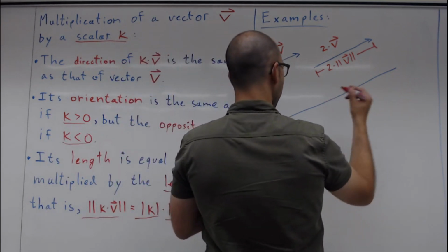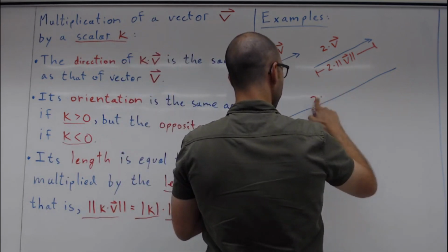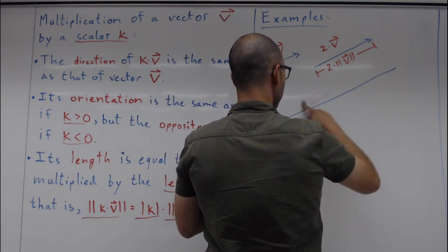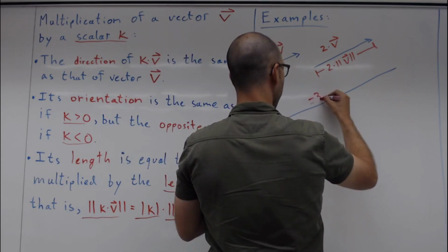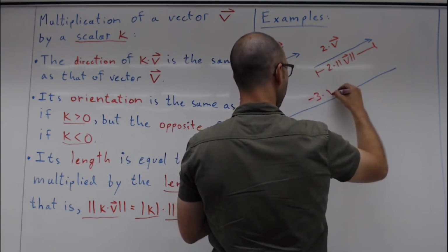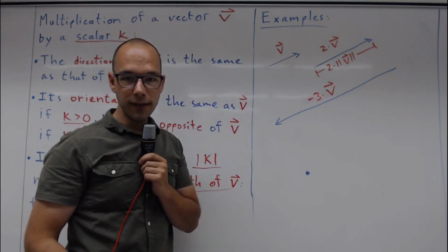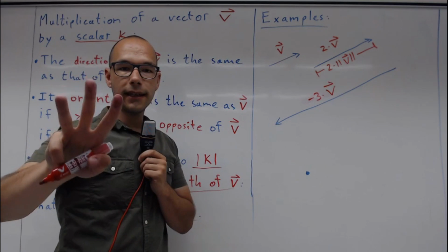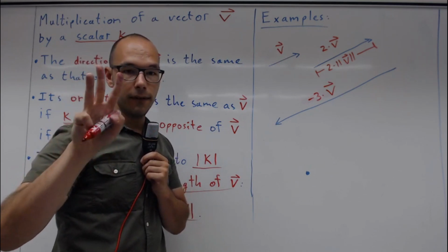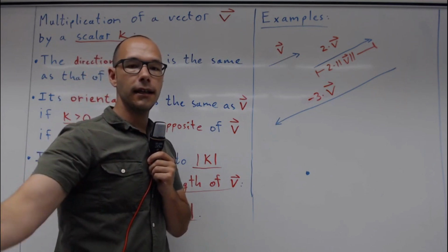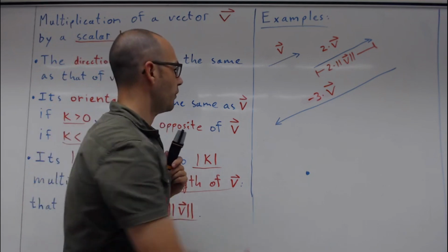This one is not 2. It's negative 3 multiplied by v. Negative 3 multiplied by v is 3 times the length of v, and it has the opposite orientation.